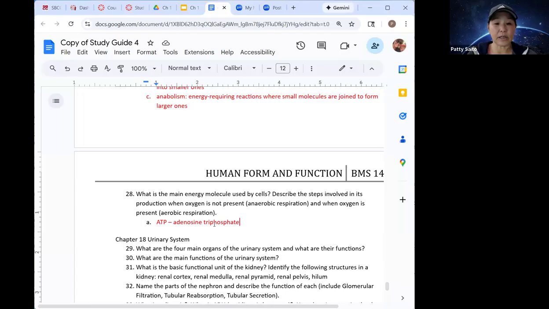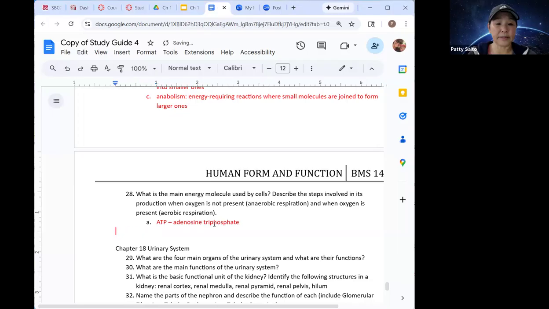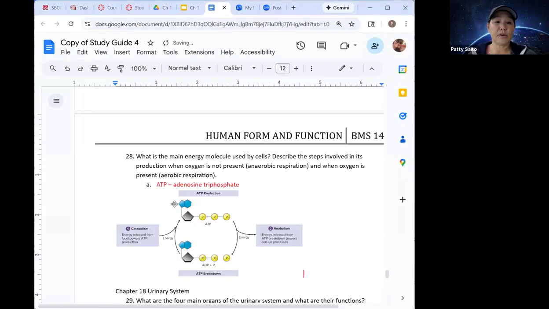In fact, let's take a quick look at how it's used. Let me put this molecule here. It's an adenosine with three phosphates, adenosine triphosphate. How it works is we take ATP, this energy molecule, and we break off phosphates.